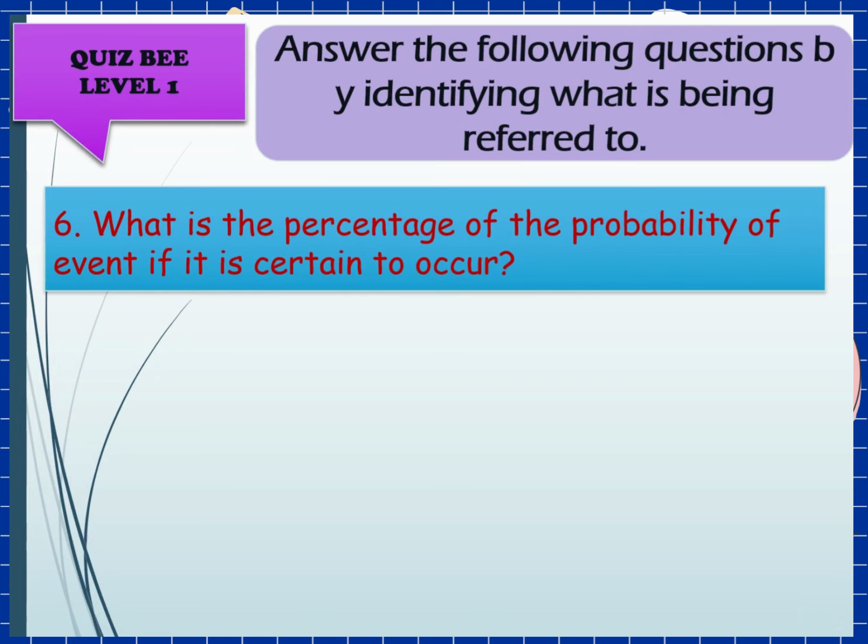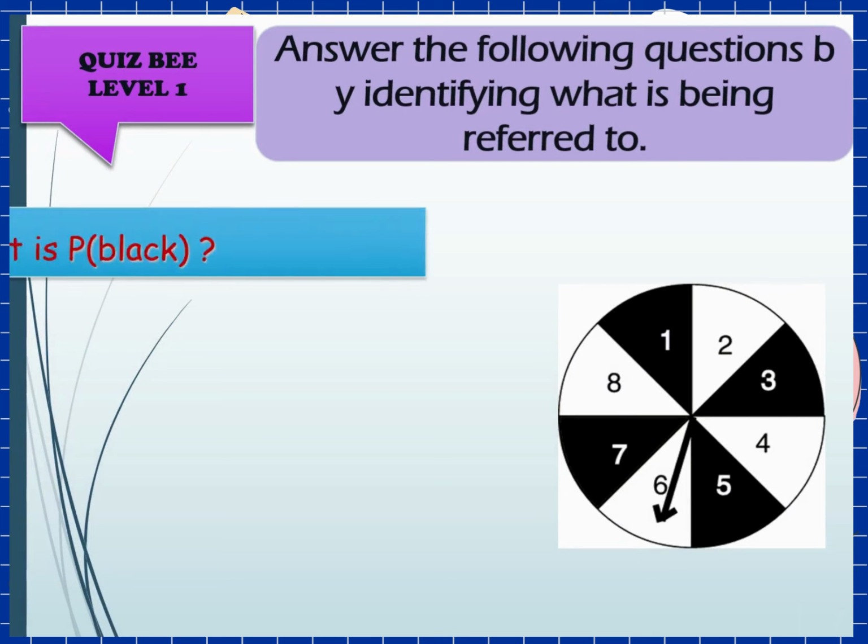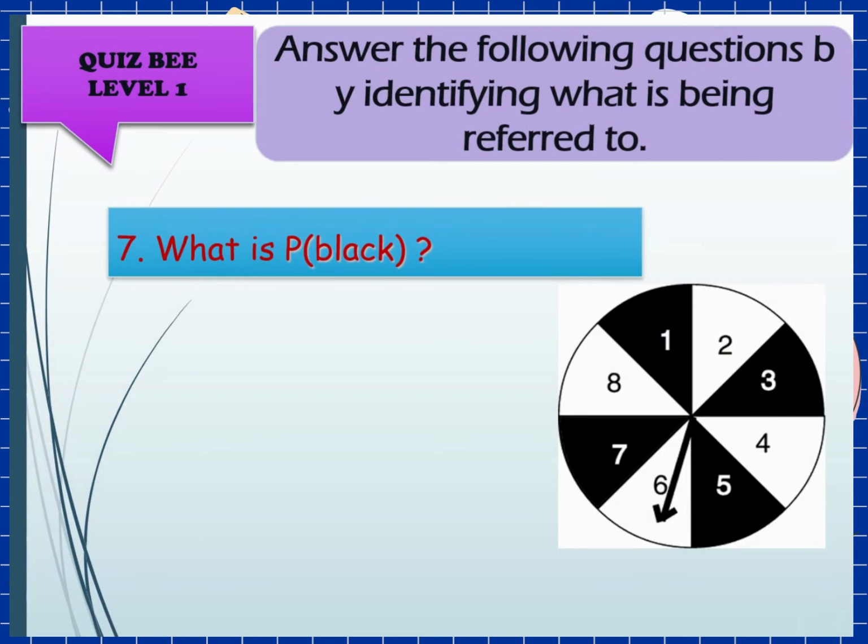What is the percentage of the probability of event if it is certain to occur? The correct answer is 100%. Number 7. In the picture, what is the probability of obtaining black?